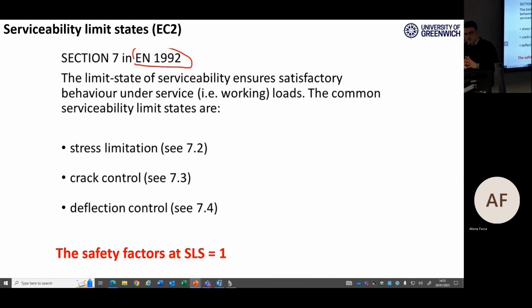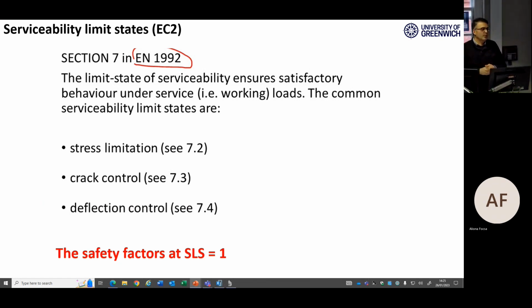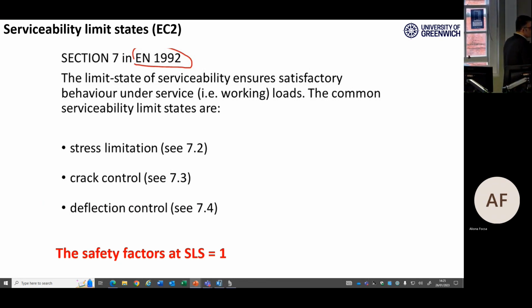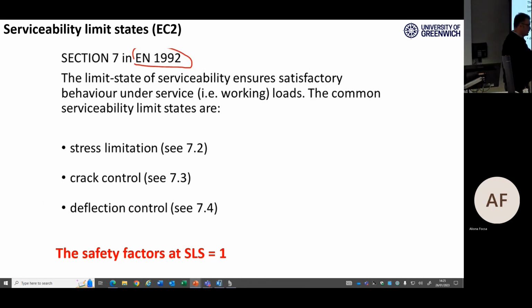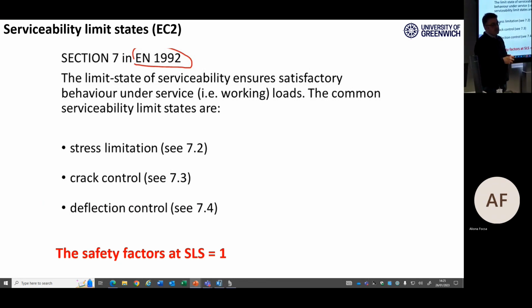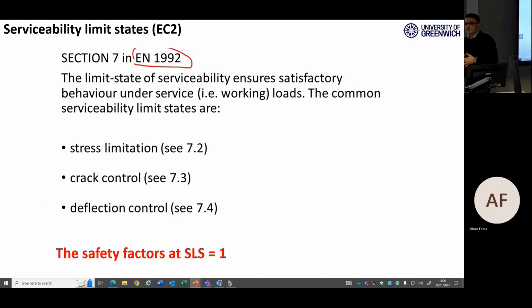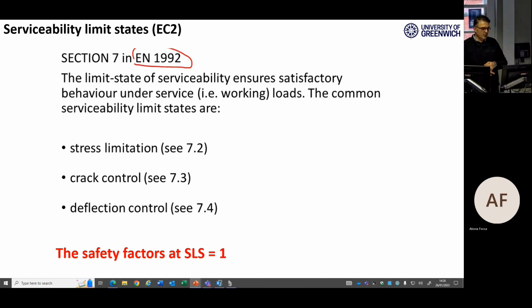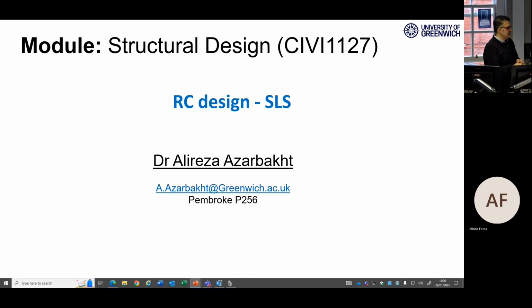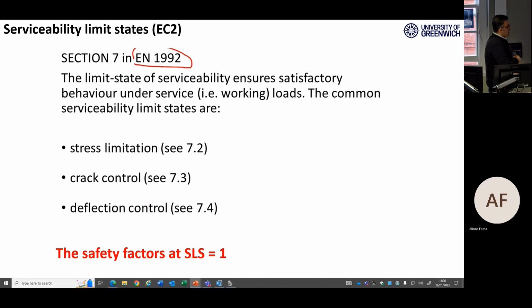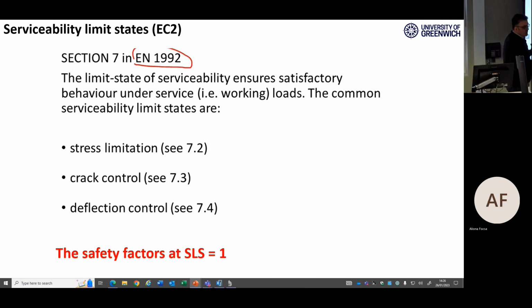So we only have one thing to do, which was again one of the topics from coursework number 1, went to coursework number 2, which is some criteria about the serviceability limit state, abbreviated as SLS.